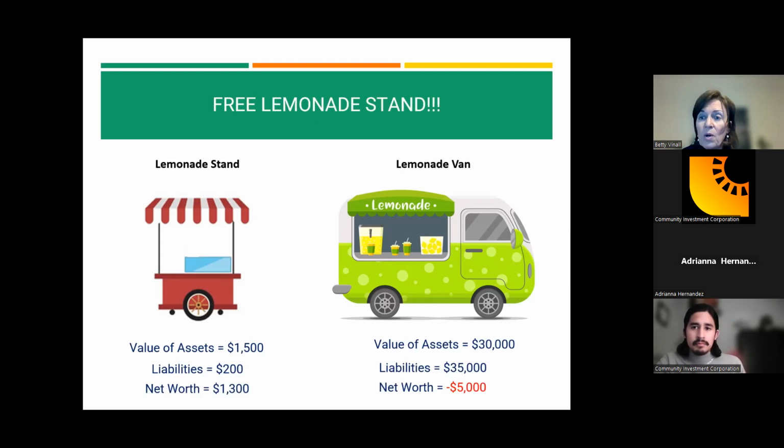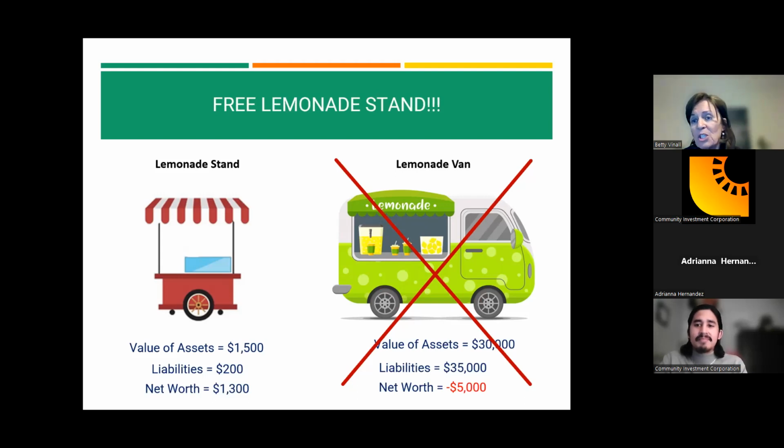So the net worth, even though that looks like it would have been the best option, you would be taking on an additional $5,000 of debt from that purchase or free acquisition. So just with that information, the actual stand is the better choice.